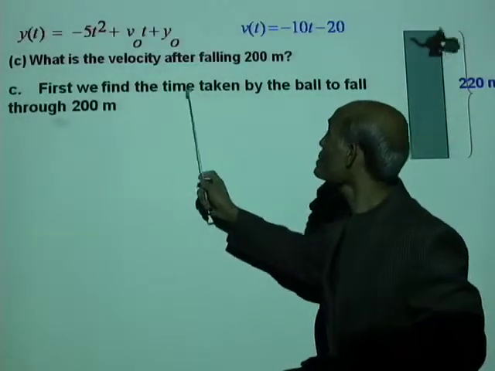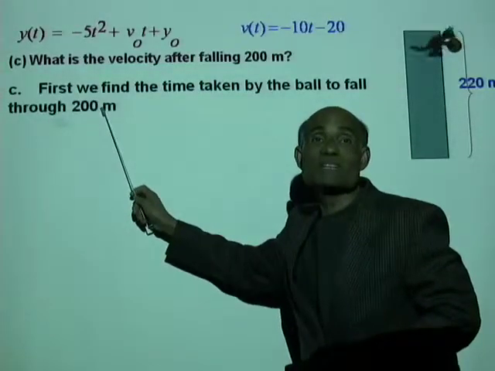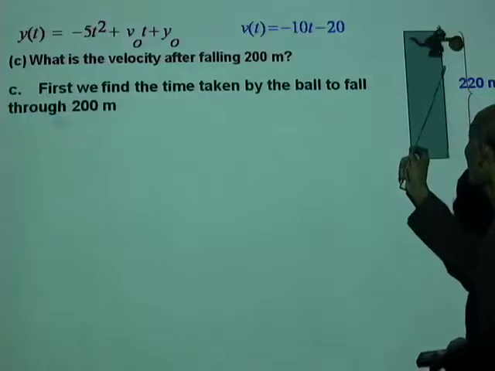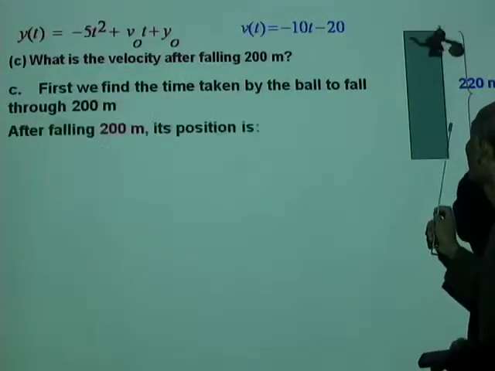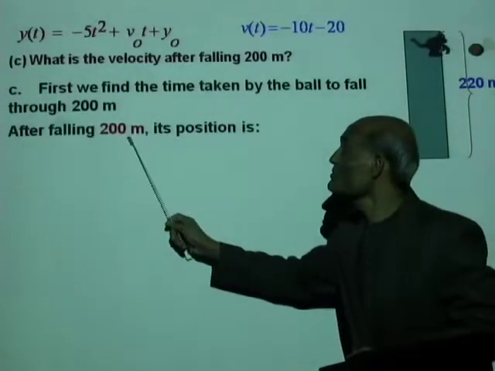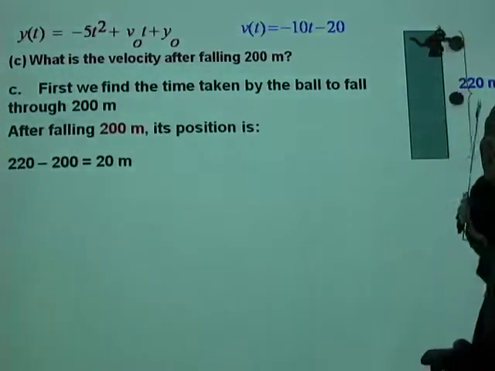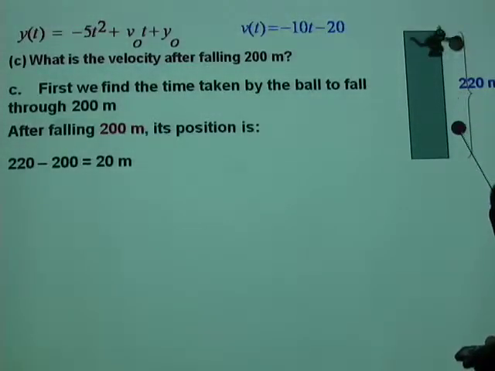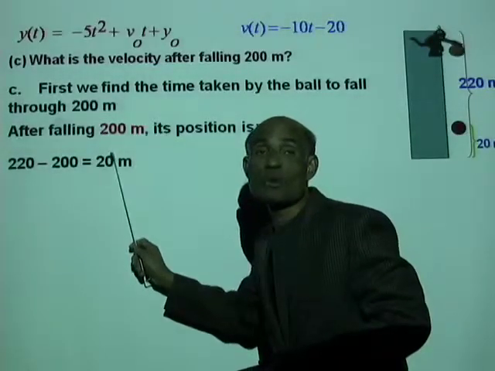First, we find the time taken by the ball to fall 200 meters. Now when the ball falls 200 meters, where is it? It is somewhere here. After falling 200 meters, its position is 220 minus 200, which is 20 meters. So it is now at a position of 20 meters.